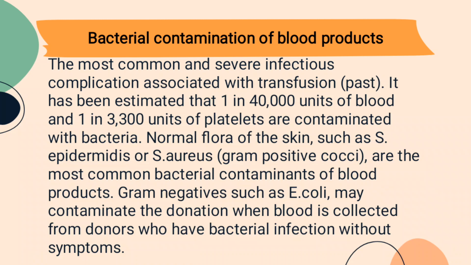Normal skin flora, such as Staphylococcus epidermidis or Staphylococcus aureus, which are gram-positive cocci, are the most common bacterial contaminants of blood products. Gram-negatives, such as E. coli, may contaminate the donation when blood is collected from donors who have a bacterial infection with symptoms.